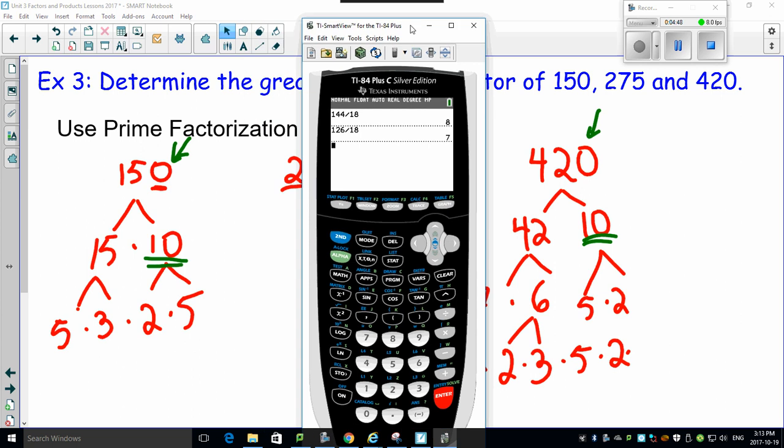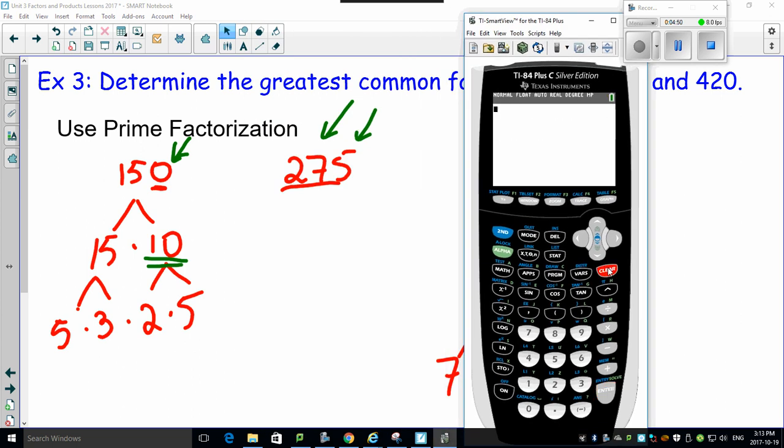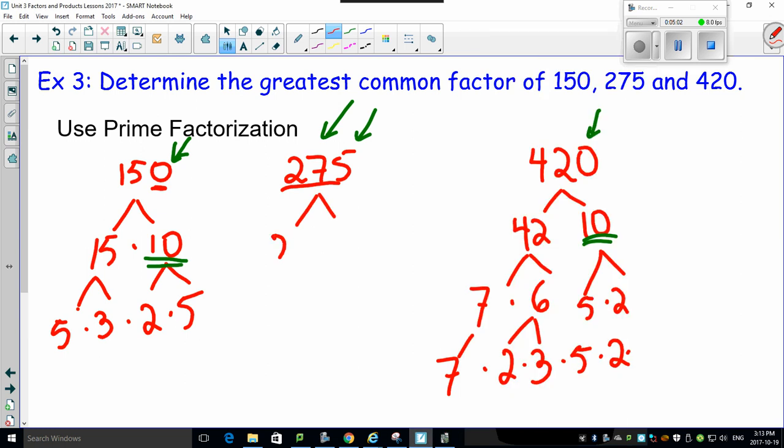So if I boot up my calculator here, and I go 275 divided by, and I know 25 is going to go into it, I'll have a lot easier thing to do. Check this out. That's 25 and 11. Look how easy this is now to factor if you choose a large enough number. Look, it's done. There's a prime factorization. 2 steps, done.